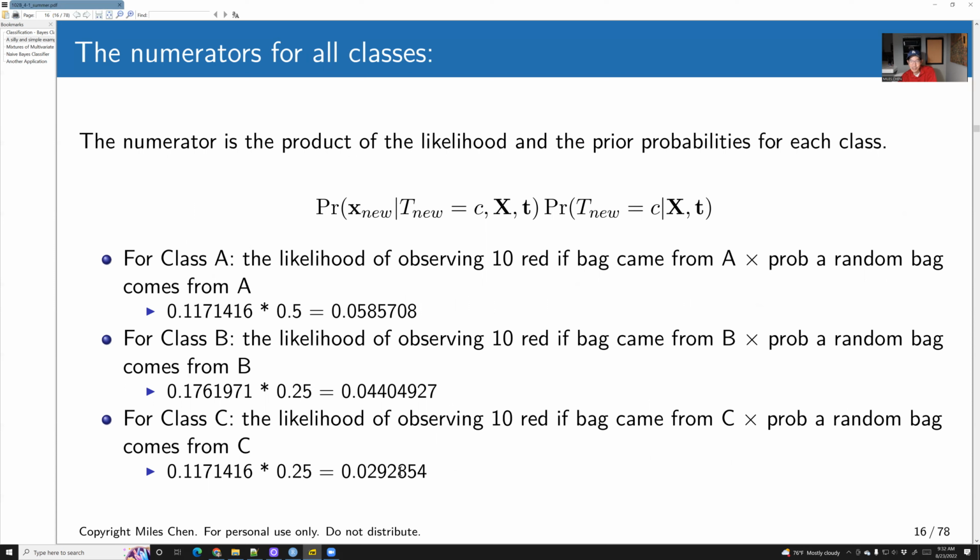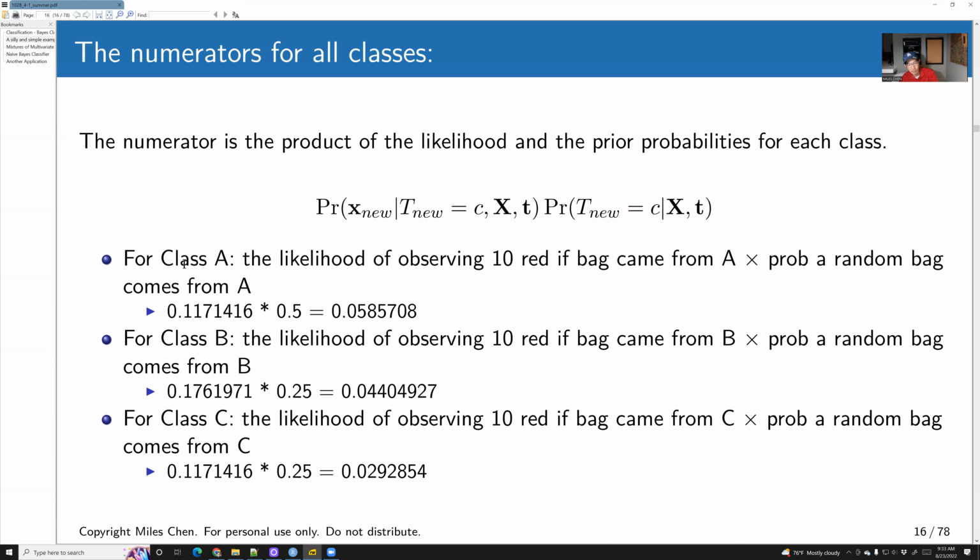All right, so what we're going to do is multiply the likelihood and the prior for all of the different classes. So the likelihood numbers are 0.117, 0.176, and 0.117, and the priors are 0.5, 0.25, and 0.25. We just take the likelihood and multiply it by the prior.